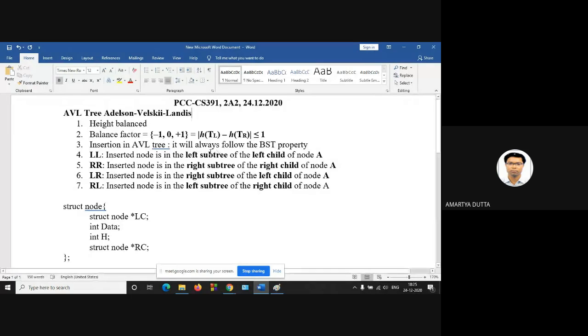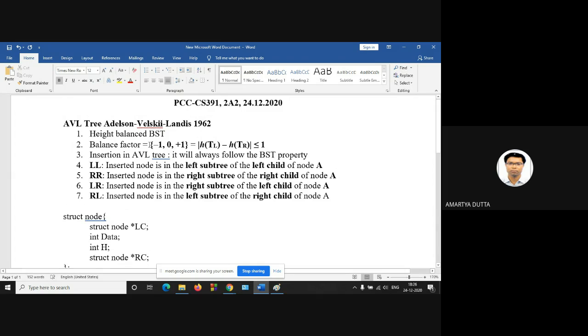The scientists invented this height balanced binary search tree in 1962. So A is Adelson, V is Velsky, and L is Landis. From the first letters of their names, we have the AVL tree. It is a height balanced binary search tree. They invented this tree in 1962.